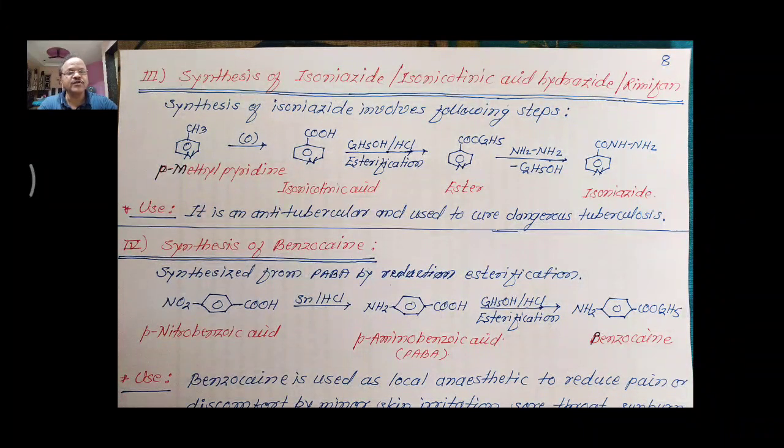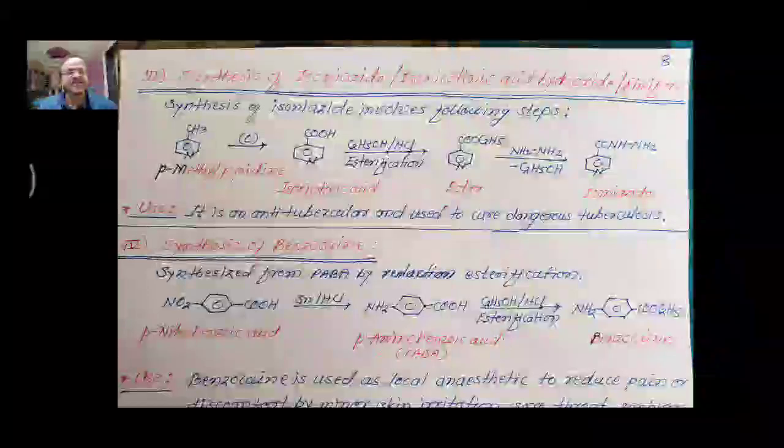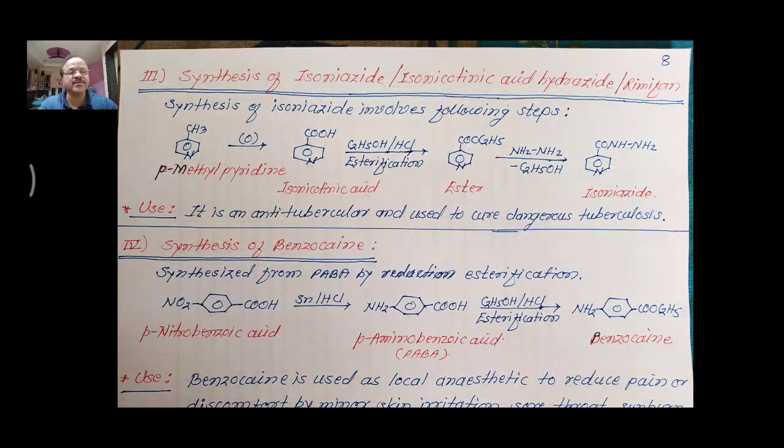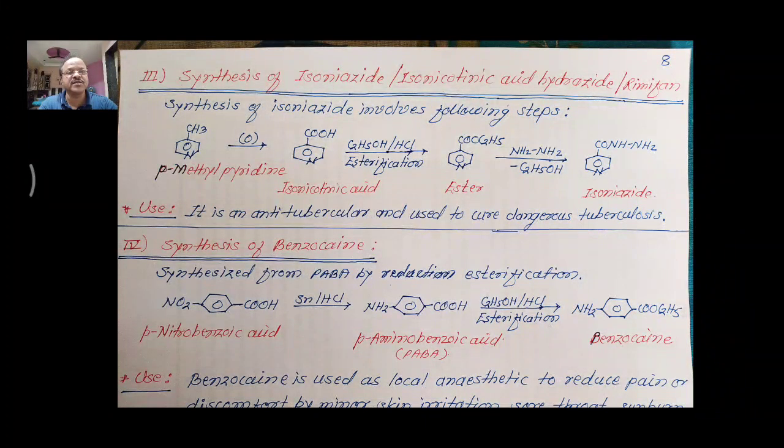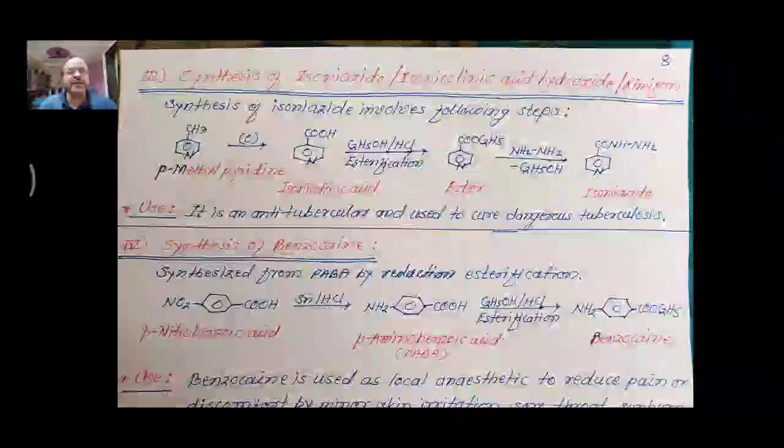Now here you should remember the basic chemical transformations, the basic reactions that will be useful in this synthesis, provided you remember the structure of the starting compound. So the starting compound used in the synthesis of isoniazide is paramethylpyridine.